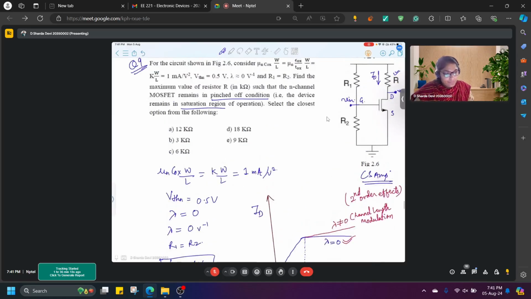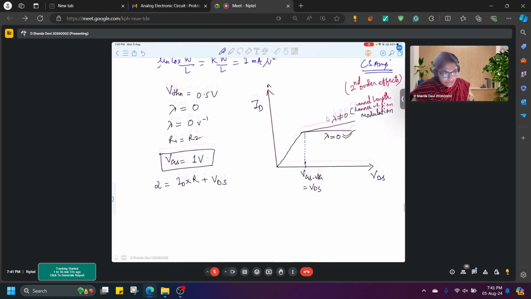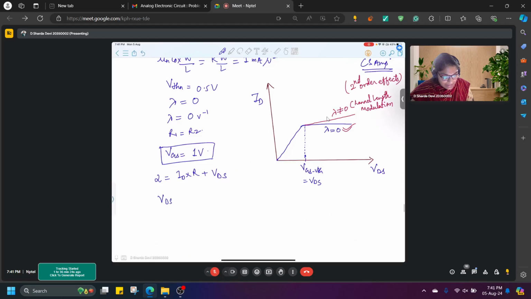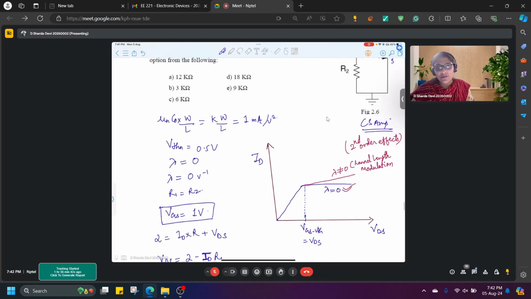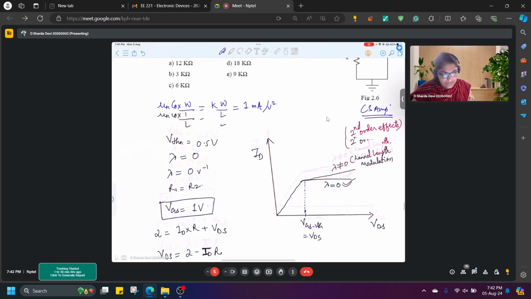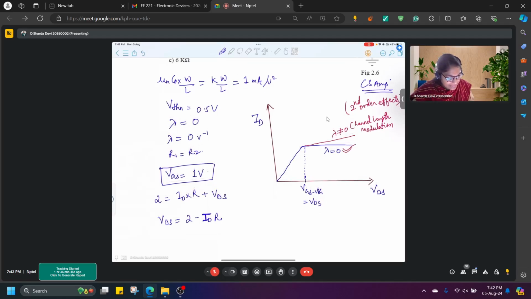Now we want to find the maximum value of R. Practically speaking, VDS is 2 minus ID into R. So for R to be maximum, let's say the current is constant, because VGS is constant, VT is constant, and we are talking about saturation, so current will be constant. And I can find the current also.